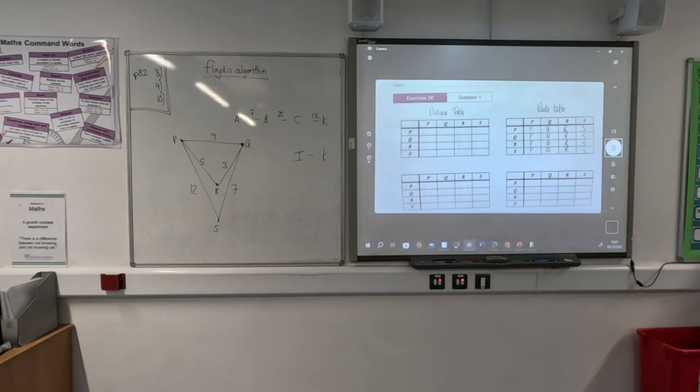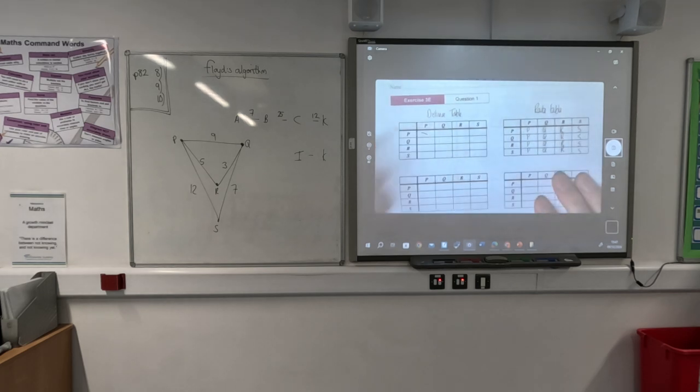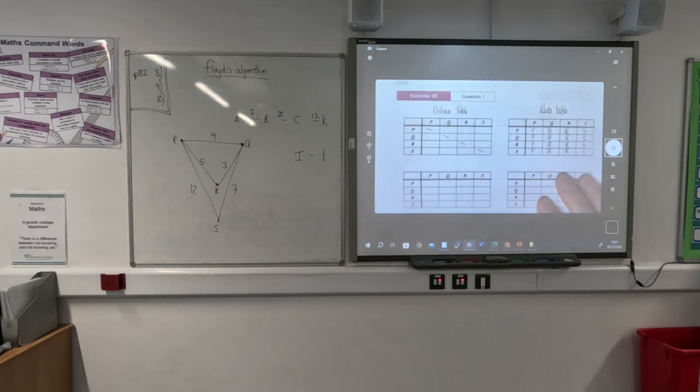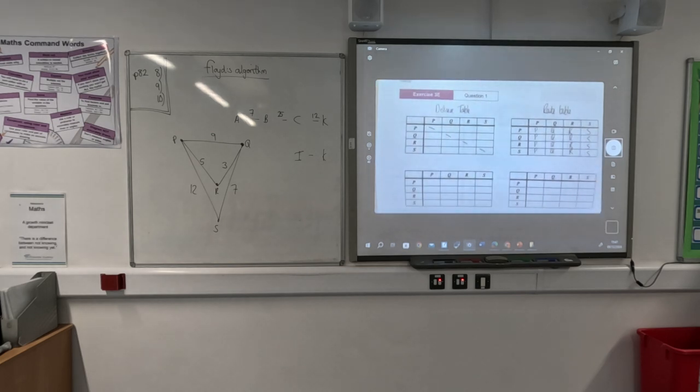The distance table is a conventional, how do you get from one place to another? So the distance from P to P is irrelevant. But what we don't fill in is how you can get from R to S by working out which is the shortest route.